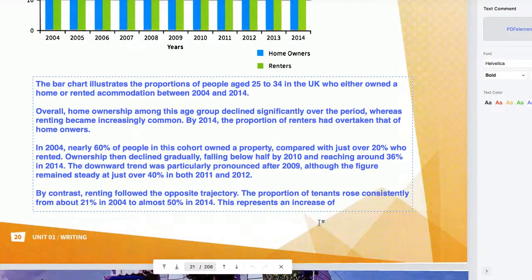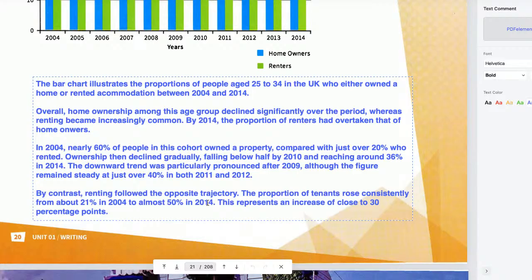Less, right? So we can use close to. This represents an increase of close to 30 percentage points. Yeah, that is 30%, but we write it in a different way. So close to 30 percentage points.